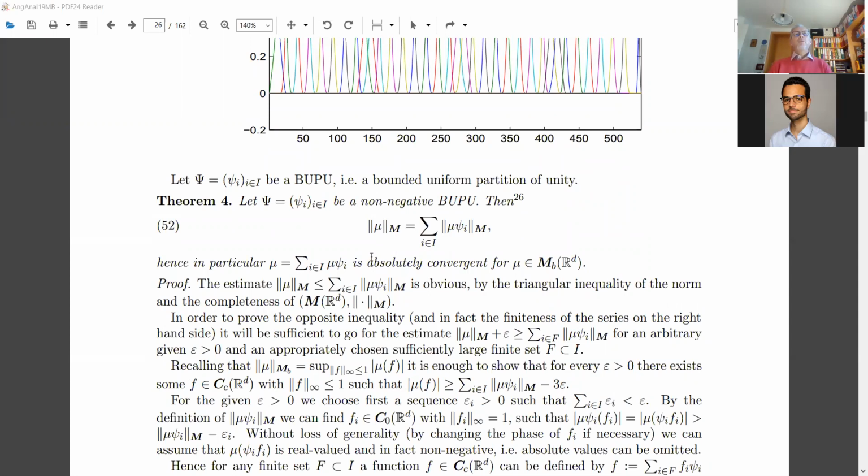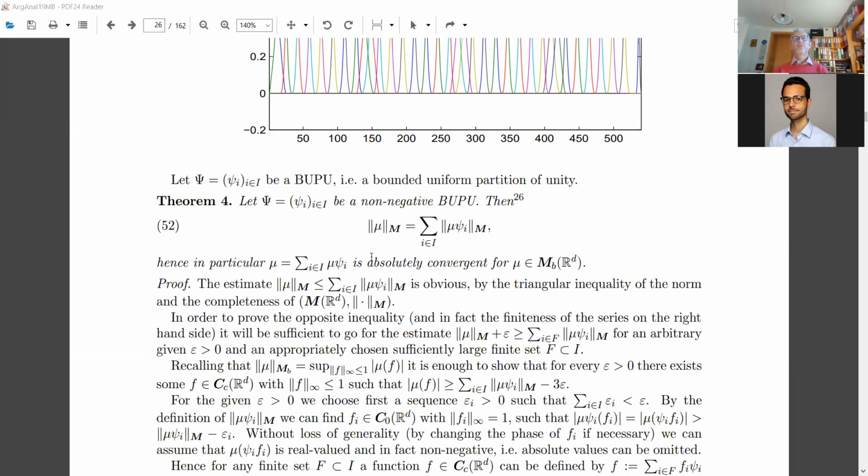If you give me any such partition of unity and a bounded measure, such a functional, then you can decompose it into pieces. So it's a local action. And these local actions have a total measure which is exactly the same as the measure of the original function. This will be a very important tool for the discussion that we have ahead of us.